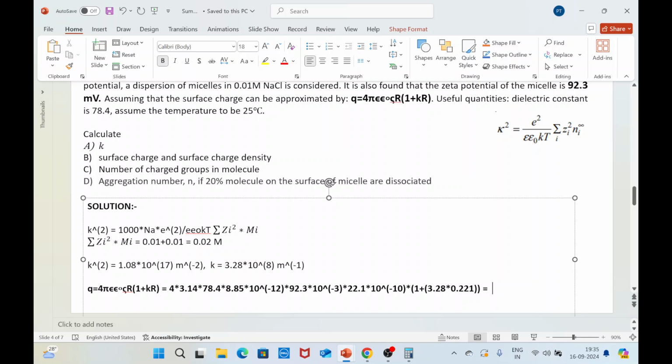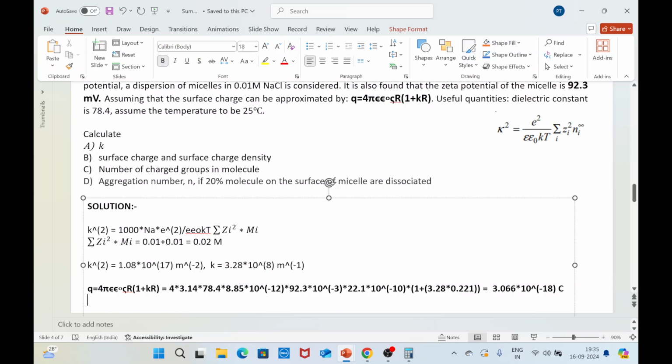I have calculated this expression previously, so please let me know whether it is correct. 3.006 times 10 to the power minus 18 coulombs. Please check this with your answer and tell me whether it is okay.